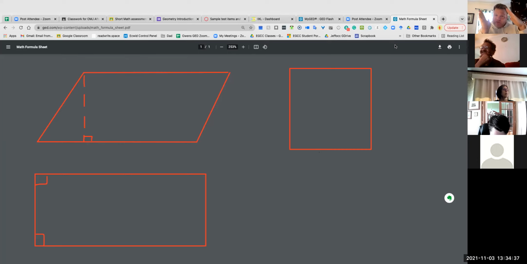Parallelogram doesn't specifically only mean this shape, because this is a parallelogram also, because that's parallel and that's parallel, and so is a square. But just be aware that those words may mean something and they have specific things. So there's the classic, all squares are rectangles, but not all rectangles are squares, whatever. A square is the most defined of all of them. All of that you may never need to know.